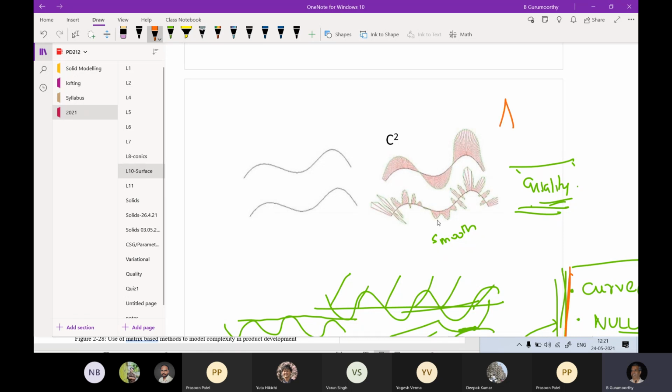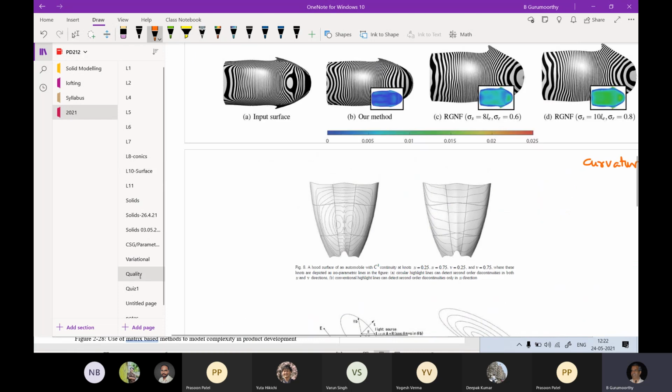It is rather smooth, but nevertheless, because of the wriggliness of the underlying curve, this kind of variation is not acceptable. And therefore, the curvature comb is another way for you to pick out the variations in the quality of the surface.